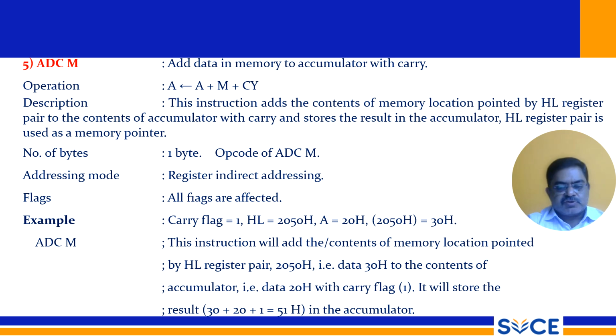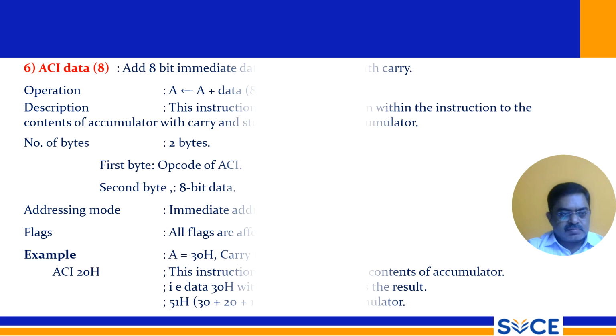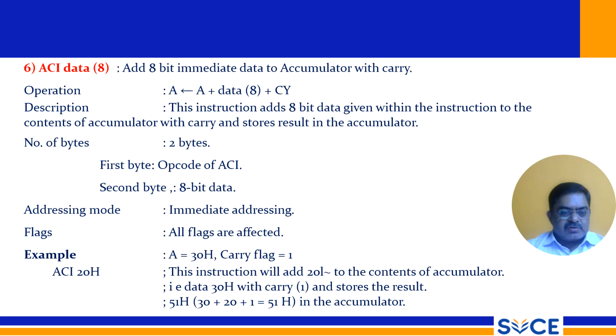Again this result is stored in the accumulator itself. That is a very important point, students, remember that. ACI data: add 8-bit immediate data to the accumulator with carry. The 8-bit data with carry is added to the accumulator contents, and the result is again stored in the accumulator itself.